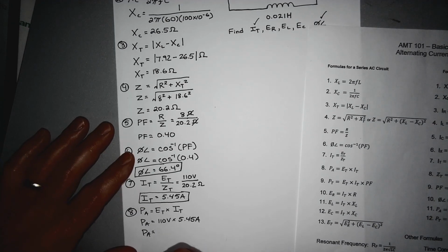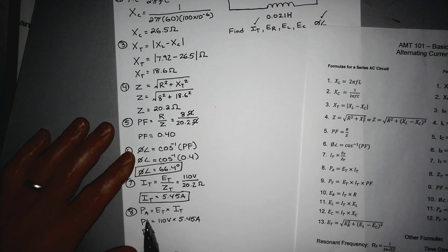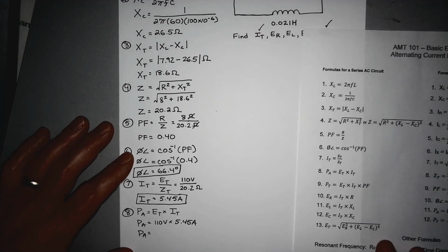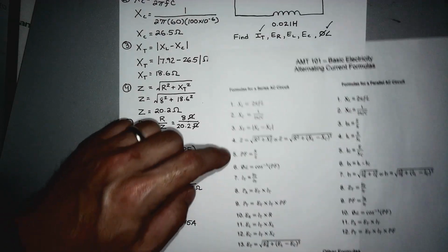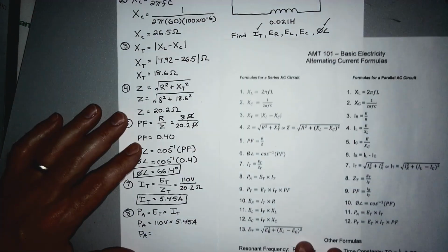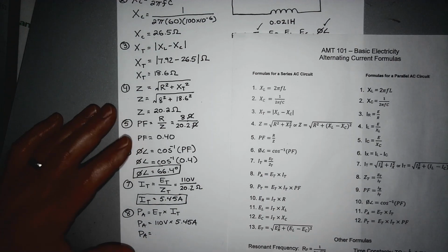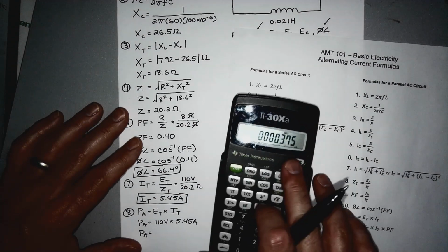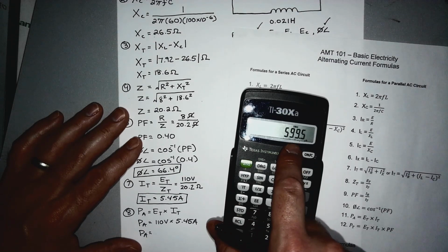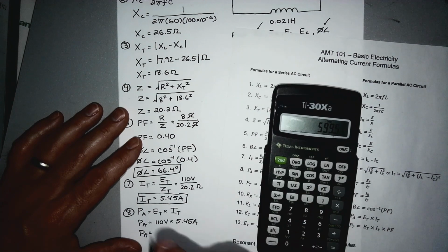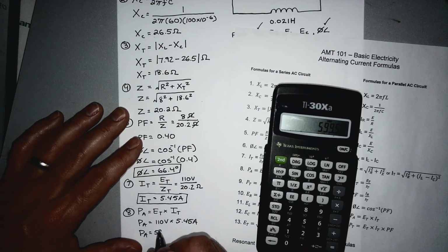We don't actually need that because it doesn't feed into any of the other things we're asked about, but I'll do it real quick so I don't leave you hanging. 110 times 5.45 amps gives us an apparent power of 599.5 watts.